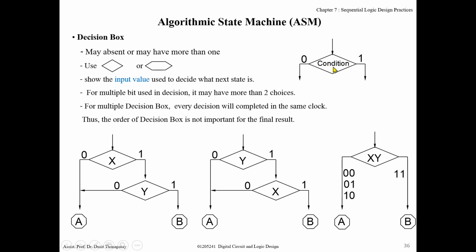This condition is an input variable. For example, x is an input. If x is 1, go to this, and if y is 1, go to this. Or you can write if y is 1 and x is 1, go to state B. Note that checking whether x is 1 or y is 1 in the circuit is a combinational circuit, right? So the circuit must complete the operation before the clock tick.